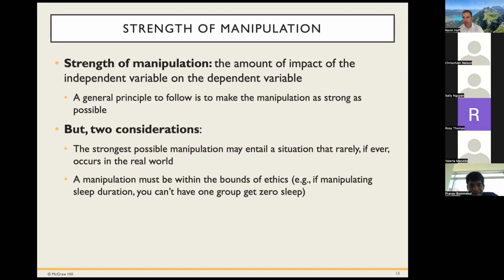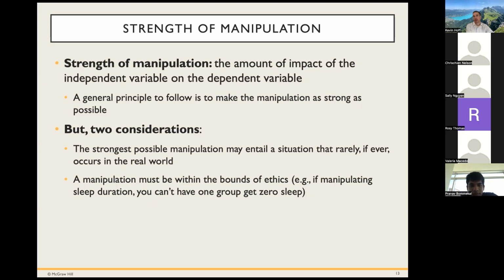So with sleep studies, there is a lot of research on the effects of sleep, and some of it is experimental, where they do manipulate how much sleep people are allowed to get. That sort of research is very tricky to get by an institutional review board, because we know definitively that people who sleep less are more likely to get into car accidents and have more trouble regulating their attention.